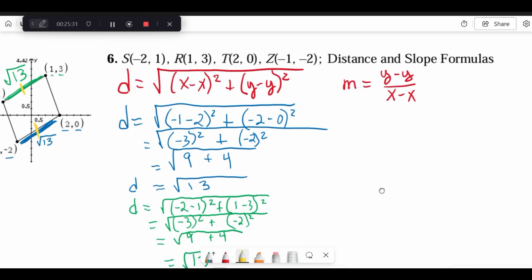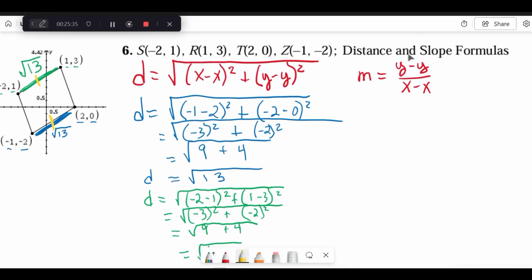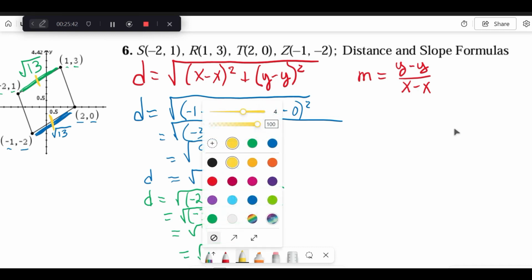But they want me to now do my distance formulas, my slope formula over here. So that's going to be y minus y over x minus x. Let me go back to the blue. We'll start with the blue again.